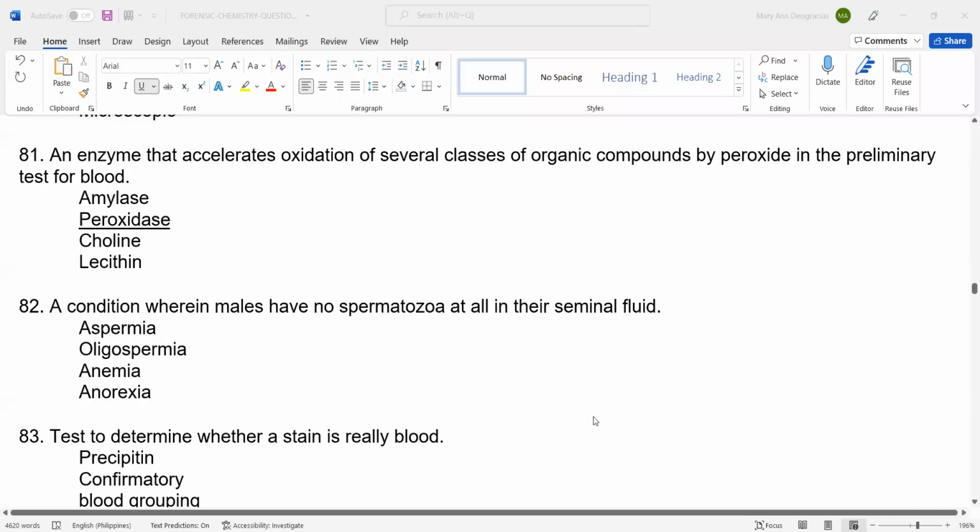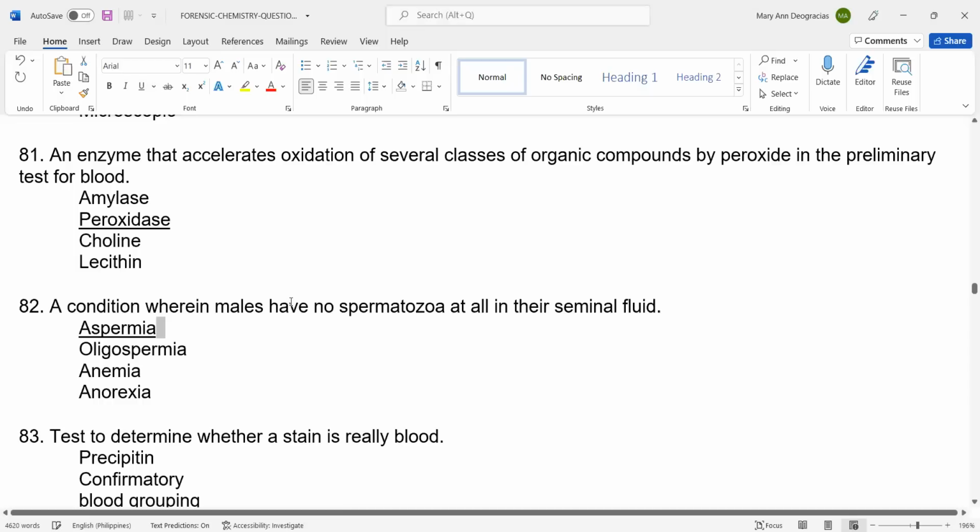Ano sagot? Letter A, aspermia. Okay. Brown out bigla dito sa amin. Buti may load ako. Nawala yung internet.